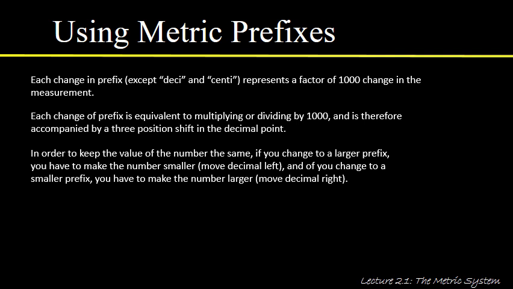So if you change the prefix so that the prefix becomes larger, you have to change the number to make it smaller. And vice versa, if you make the number larger, you have to make the prefix smaller, so that the combination of the number and the prefix together will have the same value. Okay. All right, let's look at an example.